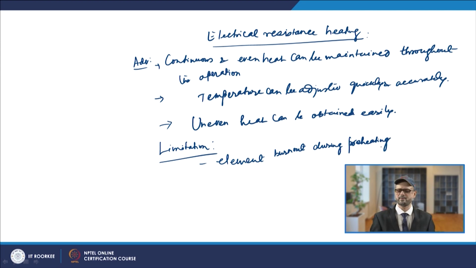And then many times, take the example of pipes, in those cases a short may happen, and that may produce a certain spot inside, and that may be the place of initiation of a crack. So, that is another possibility of defect in the case of electrical resistance heating.